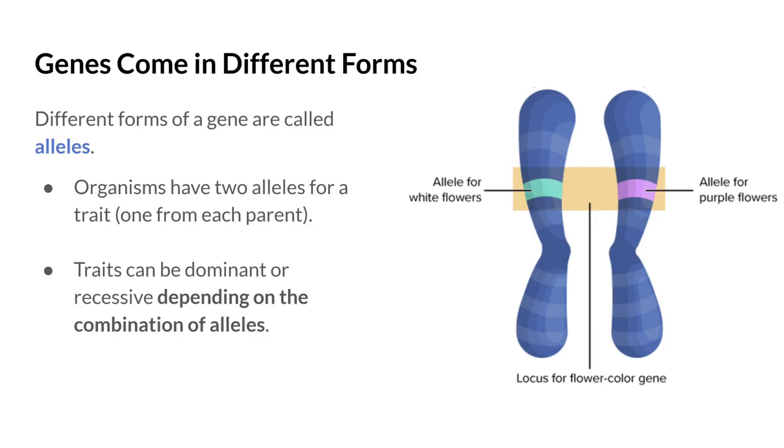So basically, genes are a section of DNA, and the section of DNA that is responsible for a trait is like an address. Imagine you're driving down a street.